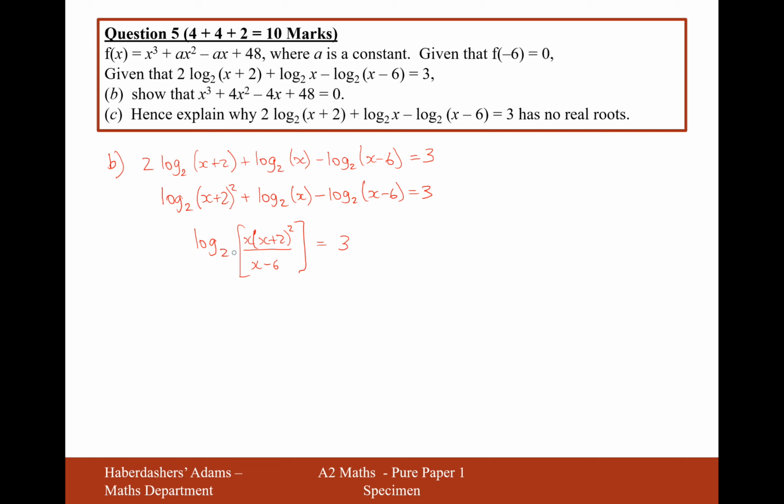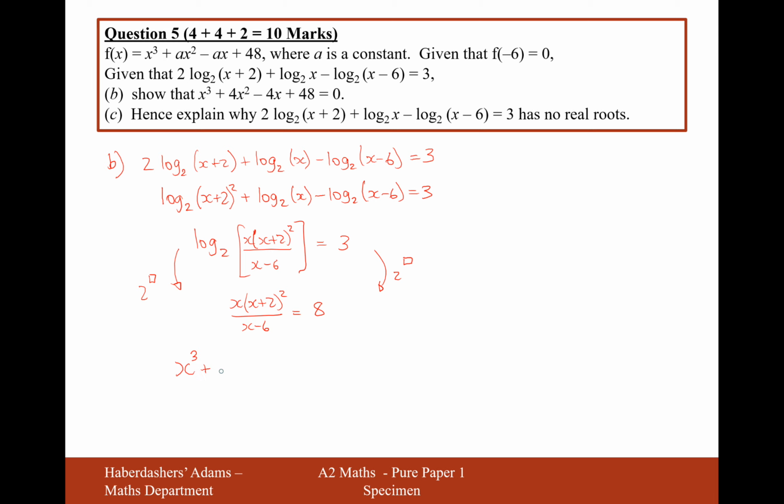Now how do we get rid of the log? Well, we're going to do 2 to the power of both sides, because logs and powers are the opposites of each other. So it's now going to be x bracket x plus 2 squared over x minus 6 equals 2 to the power of 3, that's 8. So now let's expand all these brackets.